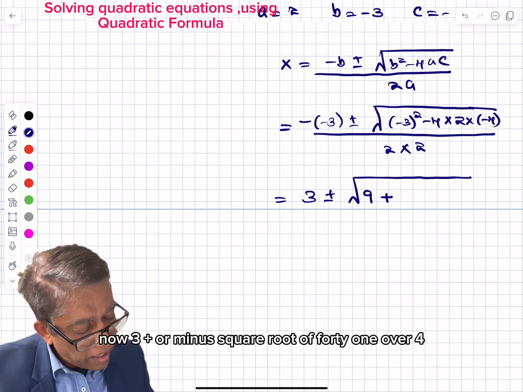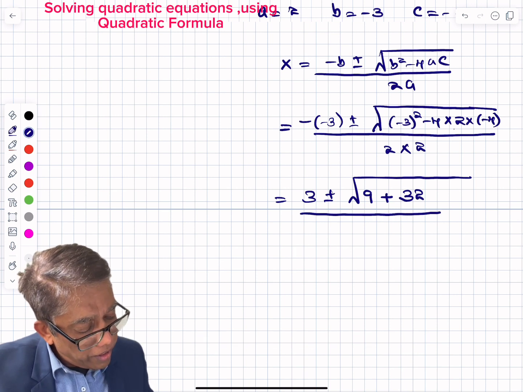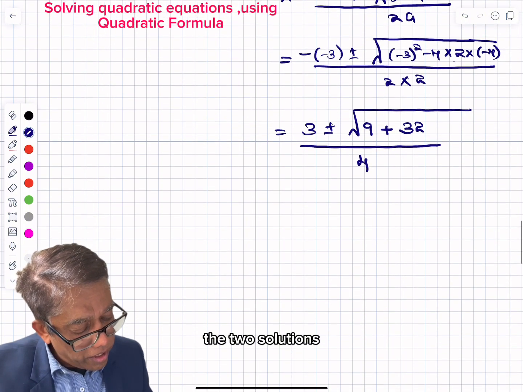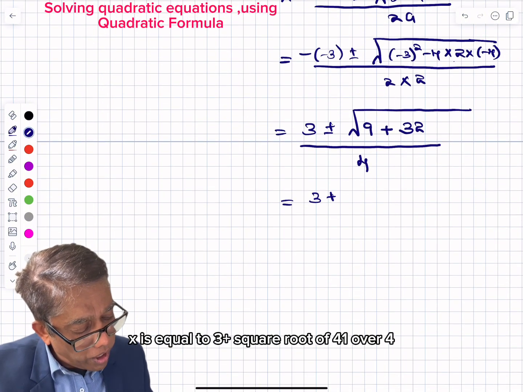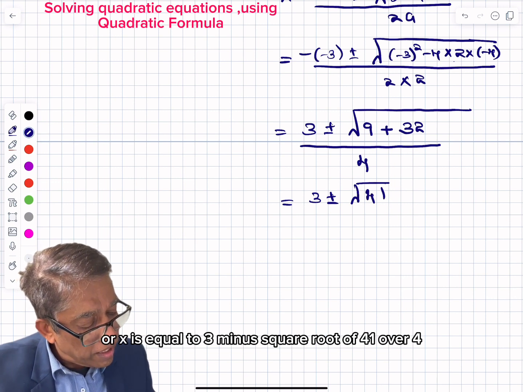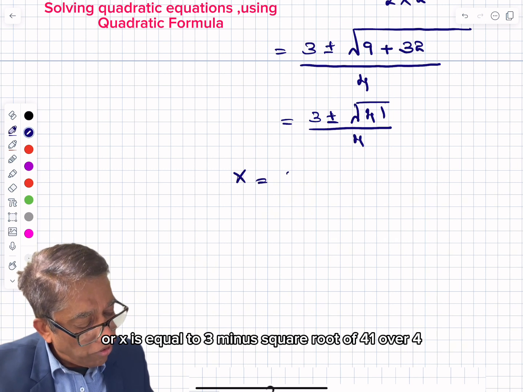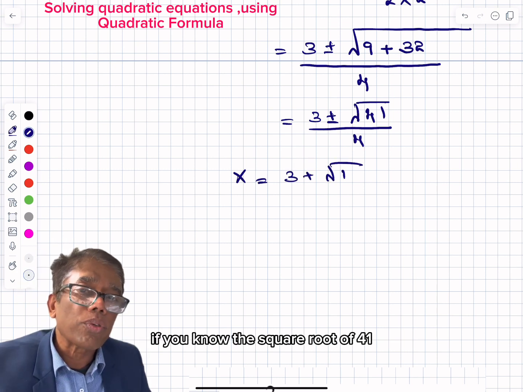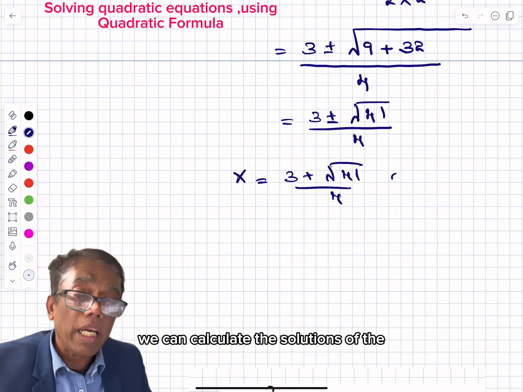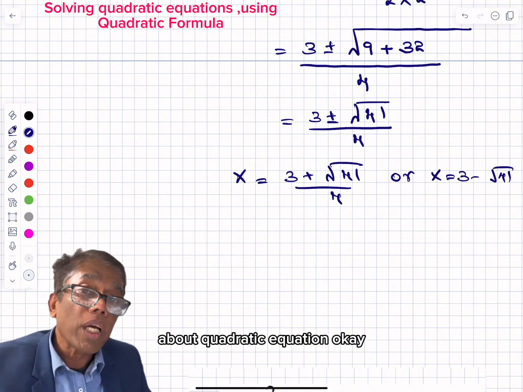Now 3 ± √41 over 4. There are two solutions: x = (3 + √41)/4, or x = (3 - √41)/4. If we know the square root of 41, we can calculate the solutions of the above quadratic equation.